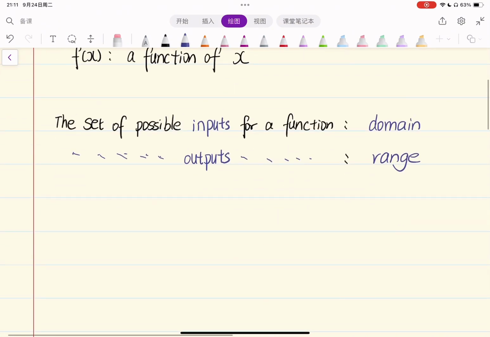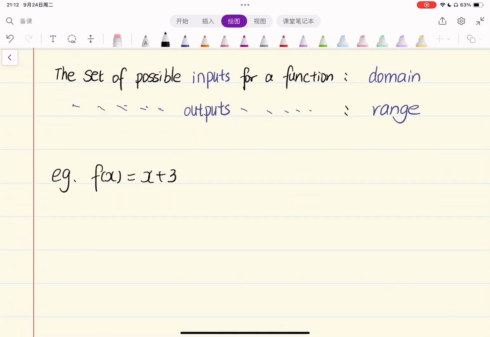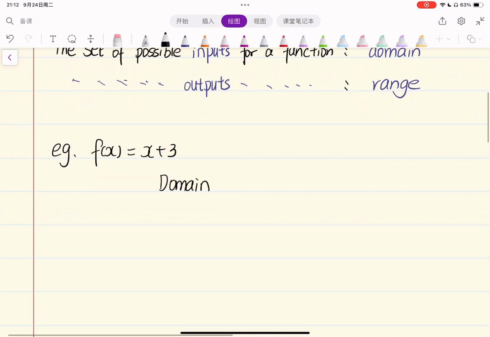For example, we have a function f(x) equals x plus 3. We have the domain, for example, 3, 5, and minus 2.